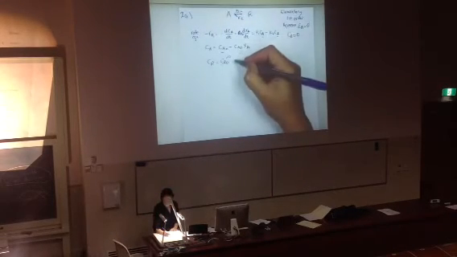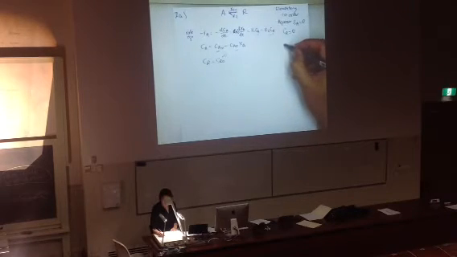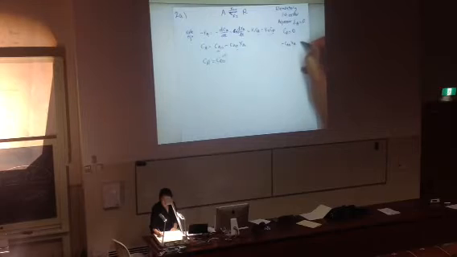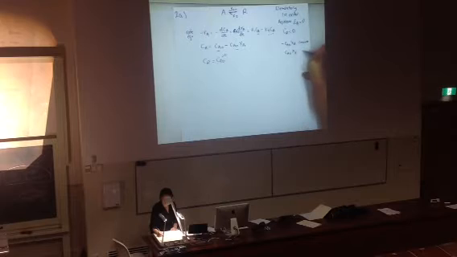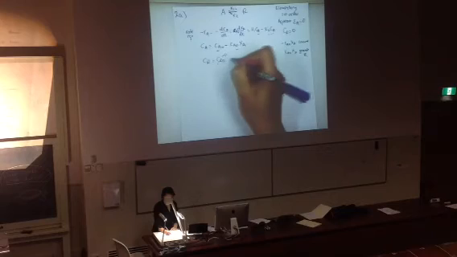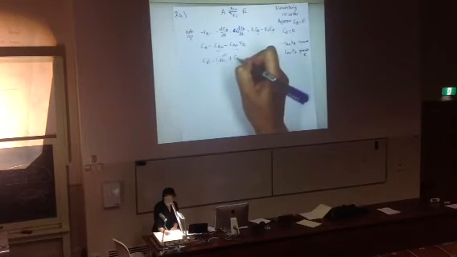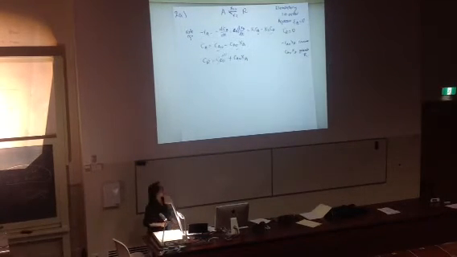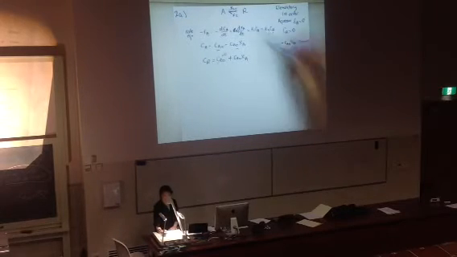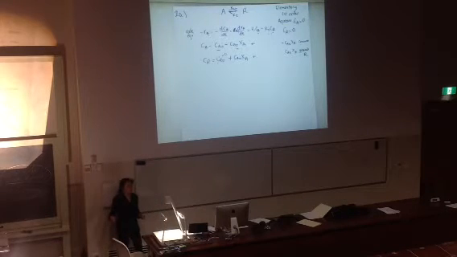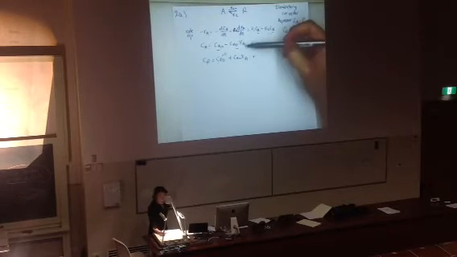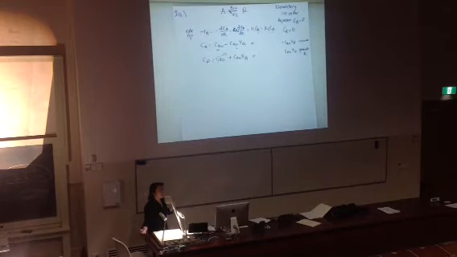So if this amount of A is consumed, the same amount is generated for R. So that will be plus CA0 XA. Now we have re-expressed CA and CR in only one variable, XA, the conversion of A.